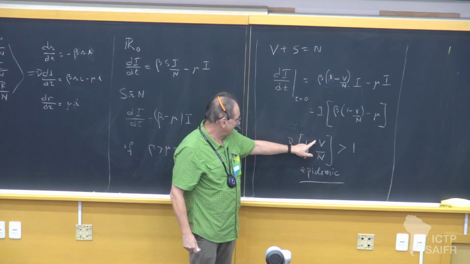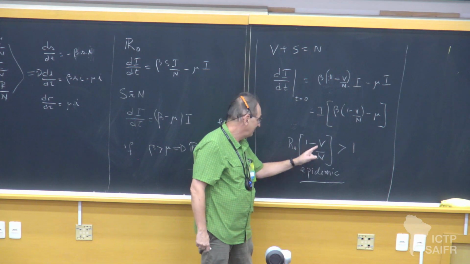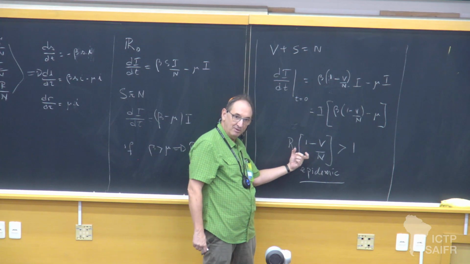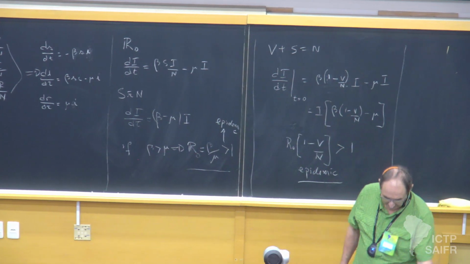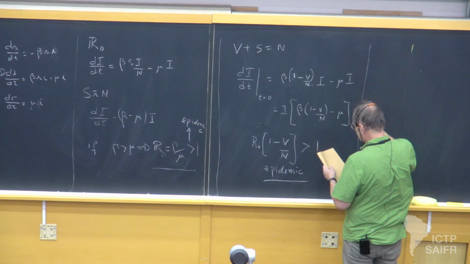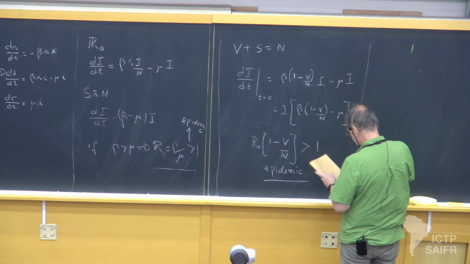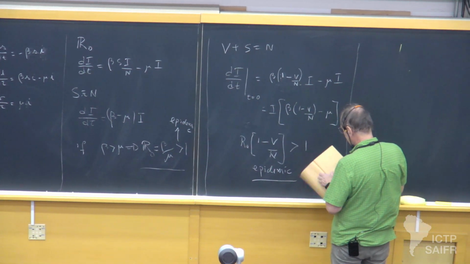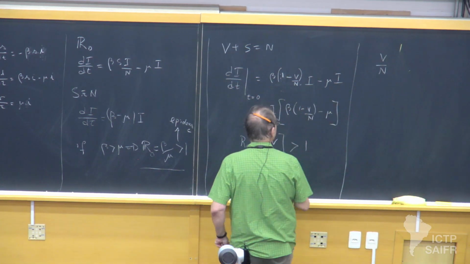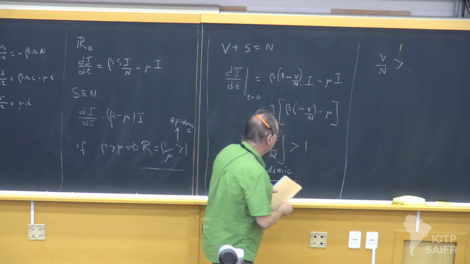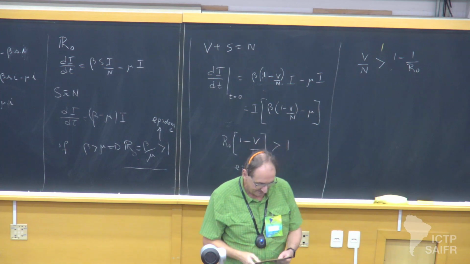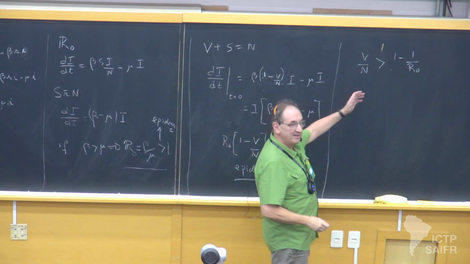Well, if you want this thing to be smaller, you can increase V over N, which makes the product smaller. So if you have V over N bigger than 1 minus 1 over R0, then you don't have an epidemic.